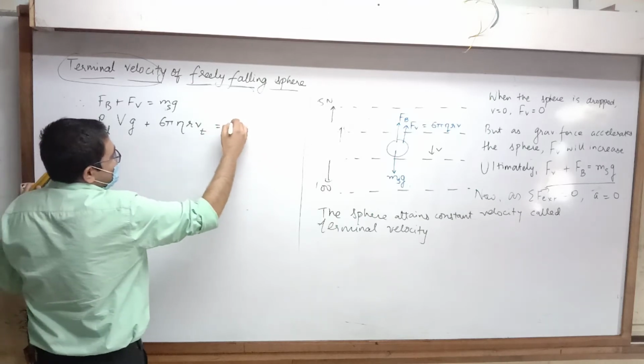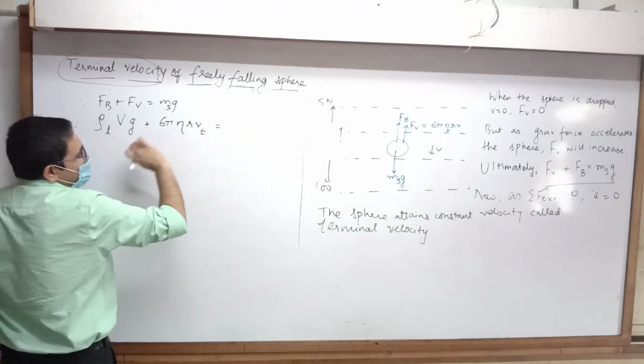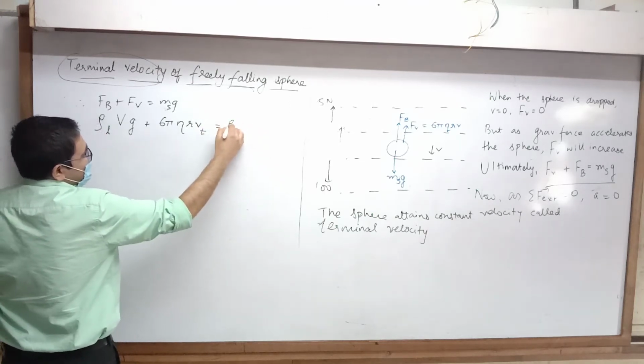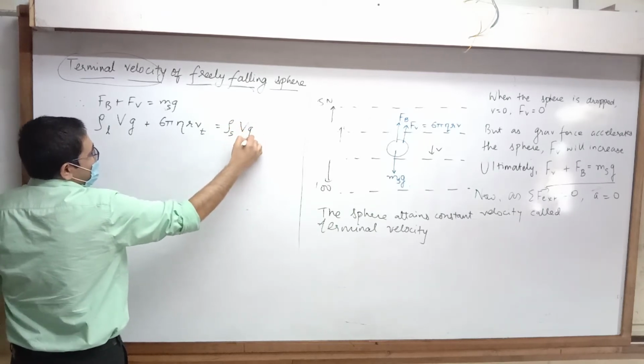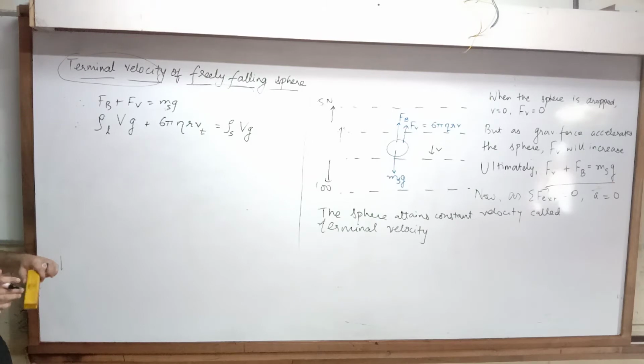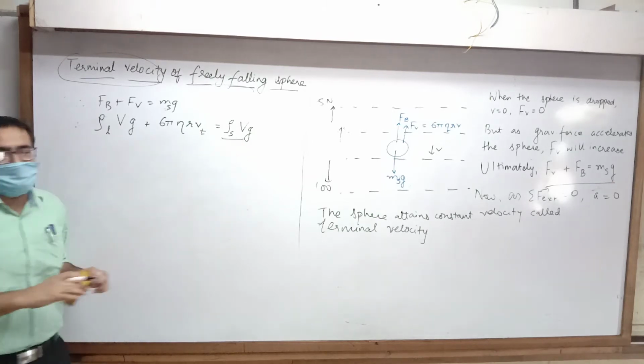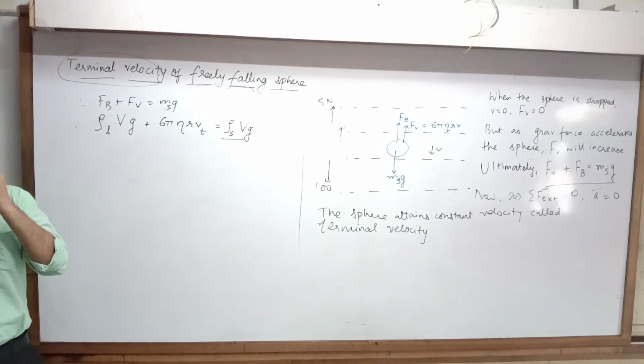What is m? Mass. But instead of mass, we write density of sphere times volume of sphere times g. Rho s into V is nothing but mass. Clear?